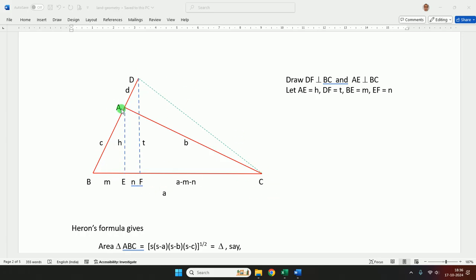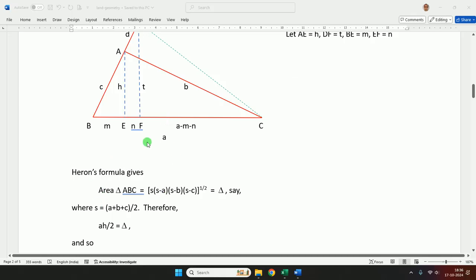Suppose AE is equal to small h, DF is equal to small t, segment BE is equal to m and segment EF is equal to small n. Then segment FC becomes equal to a minus m minus n, because the total length is a here.